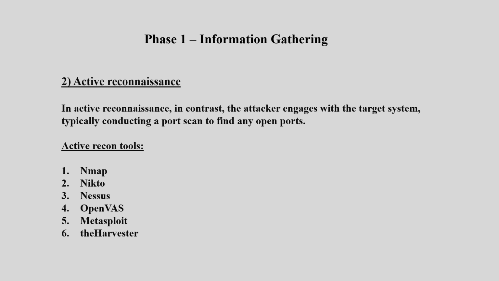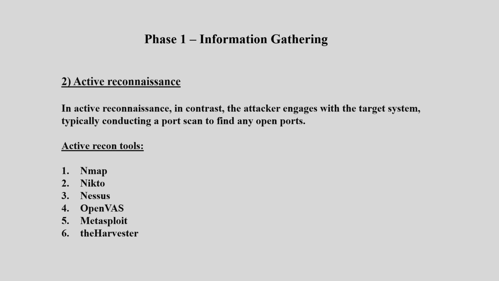On the other hand, active information gathering relies on tools that will send different types of requests to the computer. Basically, the goal is to gather information about the devices or the other devices that are connected on the same network. So active reconnaissance tools are Nmap.